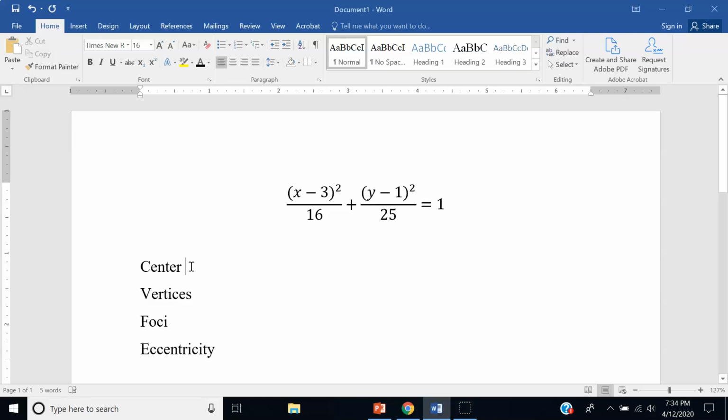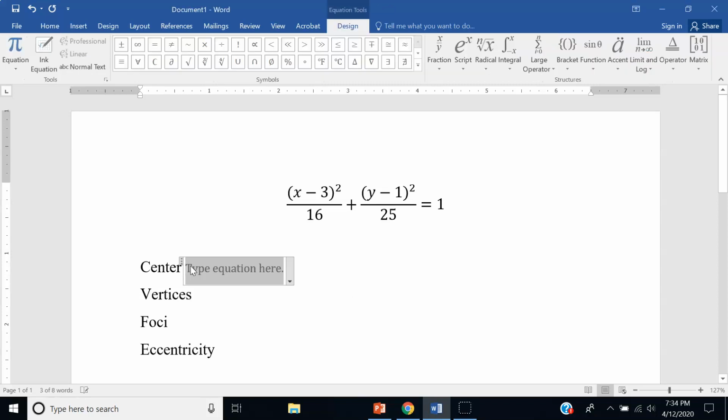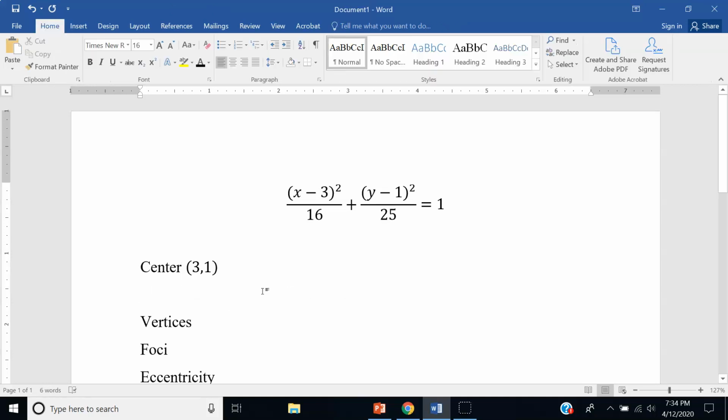So first off, let's start with the center. The center is fairly obvious because it's the h, k. So in this case, it's 3, 1. So the point 3, 1 is the center of this ellipse.